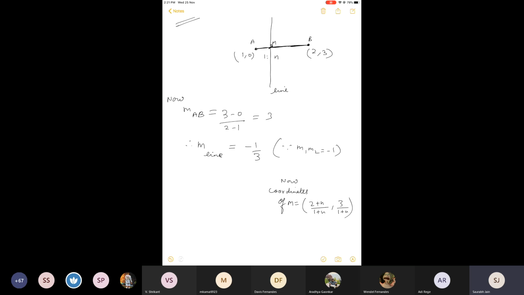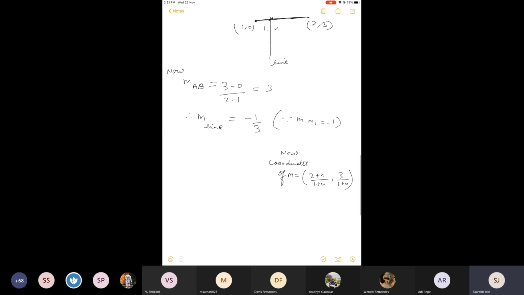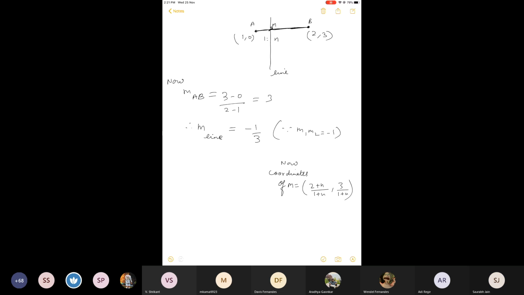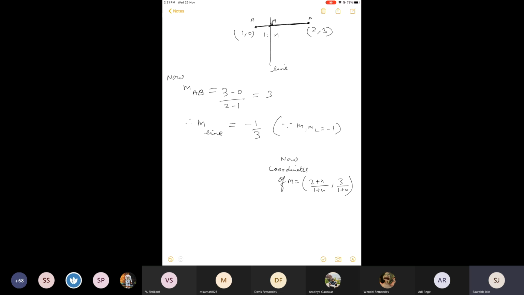So now we have the coordinates as well as the slope. We have to find the equation of the line. Just a minute before we write the final answer. I want to check something.